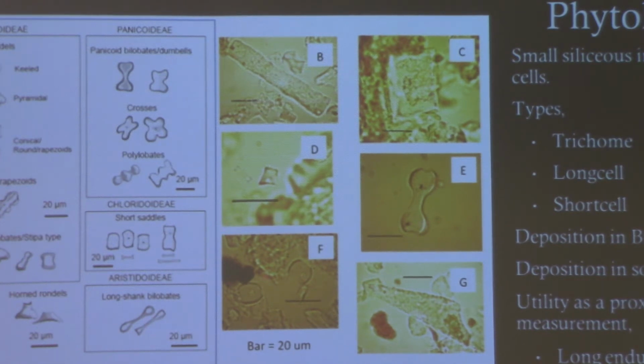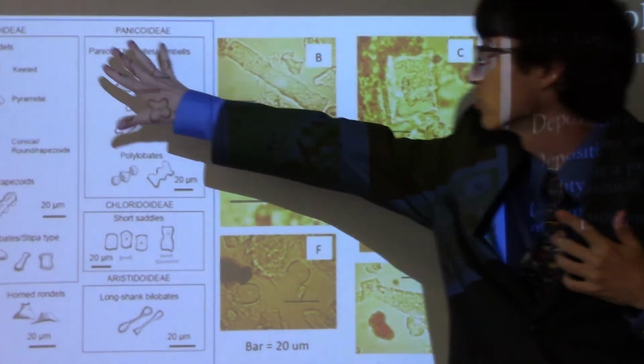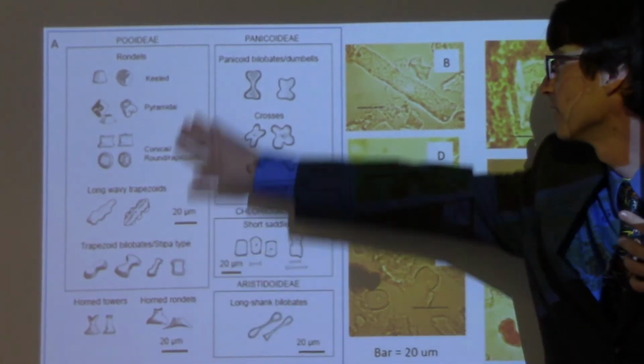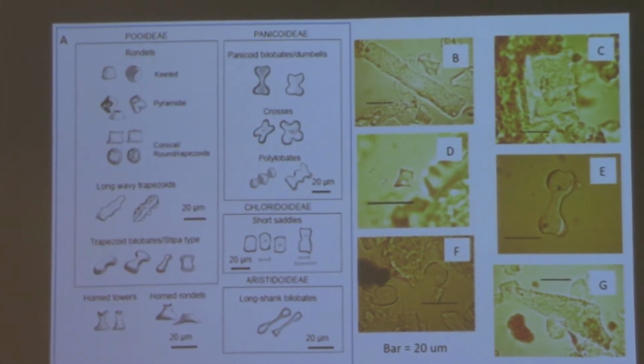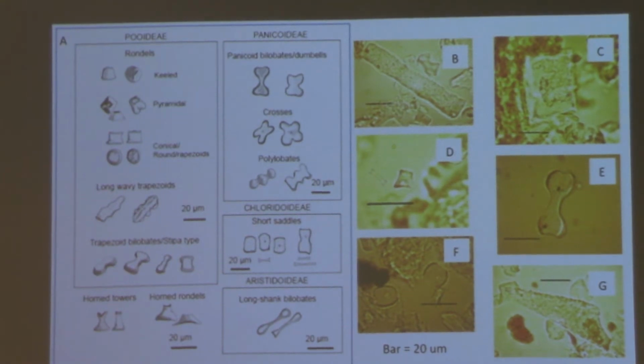So depending upon what type of short cell morphotypes we find, and we can find all of our short cell morphotypes here in figure A, we can determine what family or subfamily of grasses those came from.